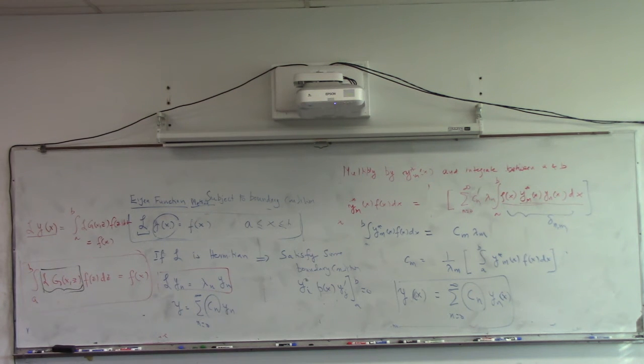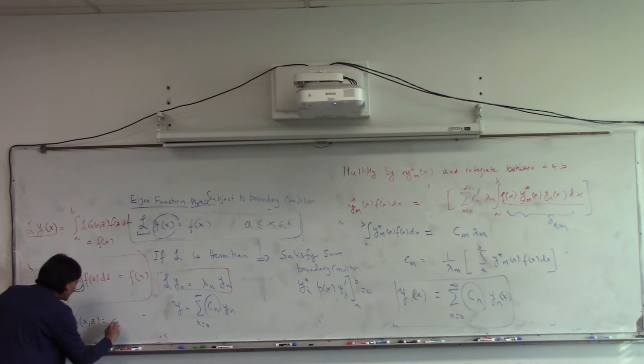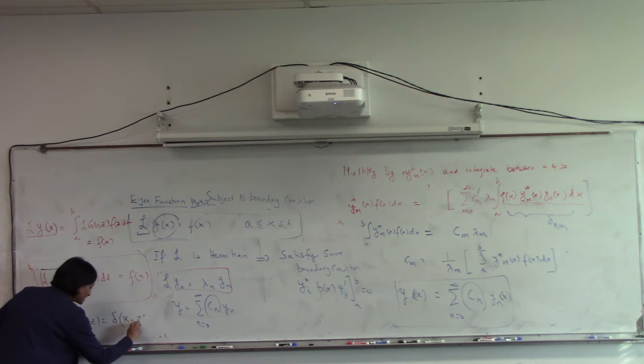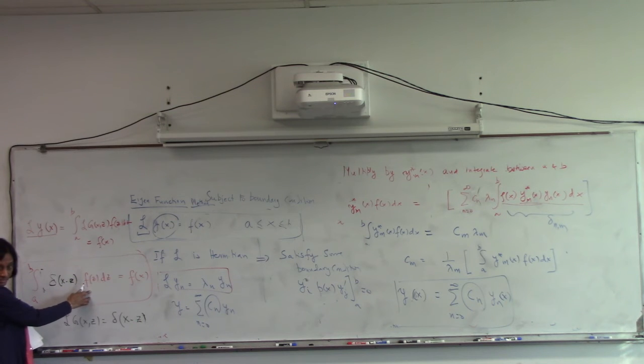Dirac delta function, okay? So L operating on G(x,z) should be nothing but delta(x minus z). Because if I did that, the only time this integration is going to survive, because of the property of the Dirac delta function, is when x equals z, right?